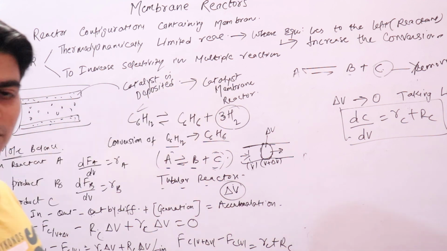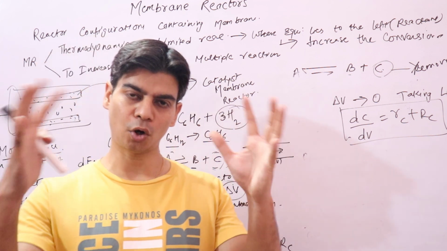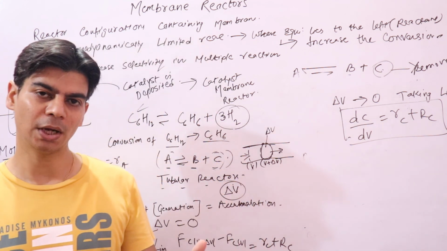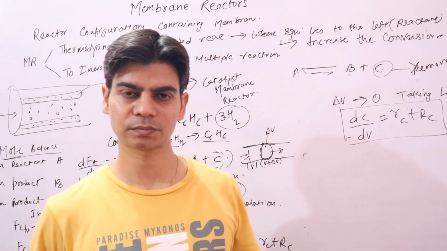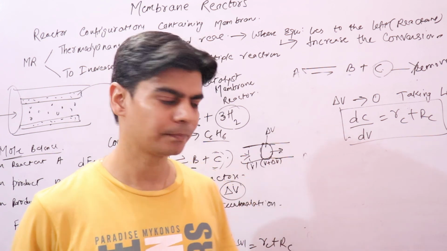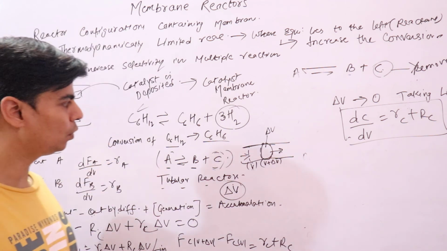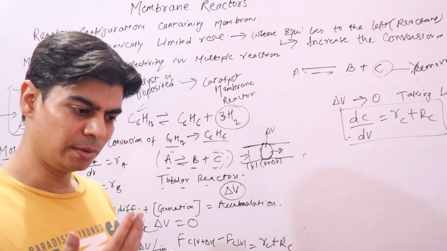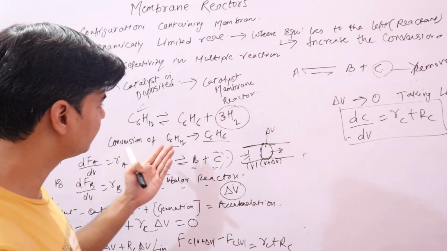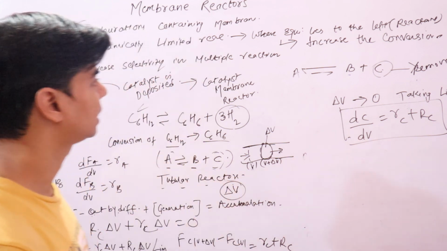There are types: where you have catalyst deposited on the membrane, a catalytic membrane reactor, and where you have catalyst pellets on the feed side, an inert membrane reactor. Then we took one example of how a membrane can help us increase the conversion, because membrane reactors are mainly used to increase conversion in thermodynamically limited reactions.